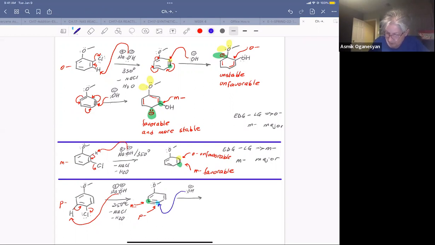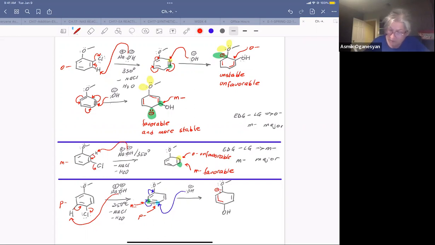Attack this carbon, electron density will move, and watch this. The electrons again will land on the carbon that is indeed carrying an electron donating group. So the result of this arrangement will be adding hydroxy group on the para position, and we're going to end up with a double bond here, and the lone pair of electrons on the carbon carrying oxygen.